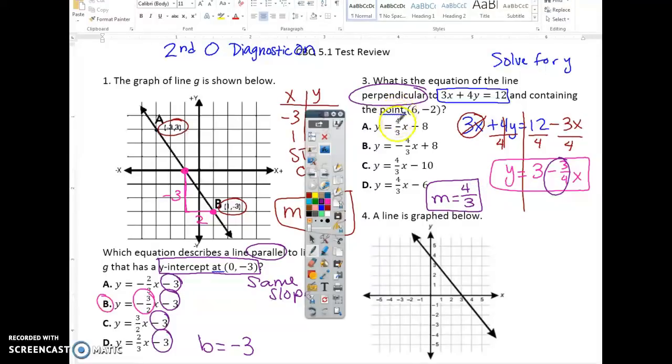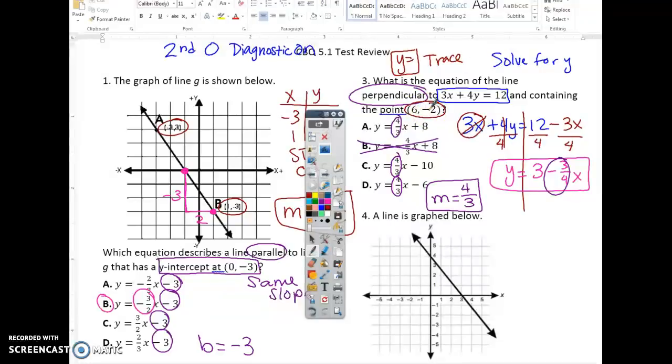So let's look over here. Positive 4/3, positive 4/3, positive 4/3. It's not B. Okay? And then it says that it needs to go and containing the point 6, -2. So that means we're going to put all these answers, A, C, and D, in y equals, trace, type 6, enter, and it gives you -2.